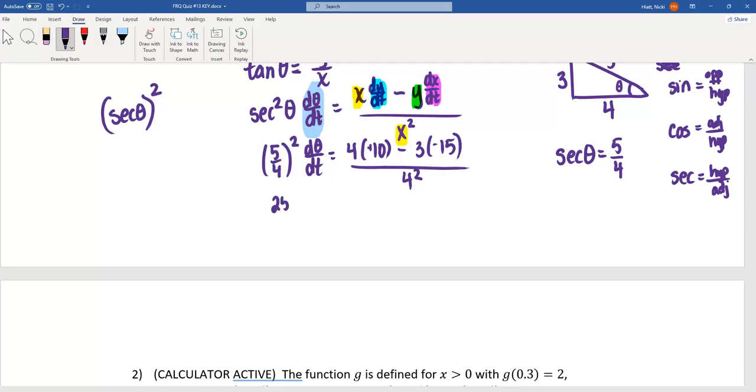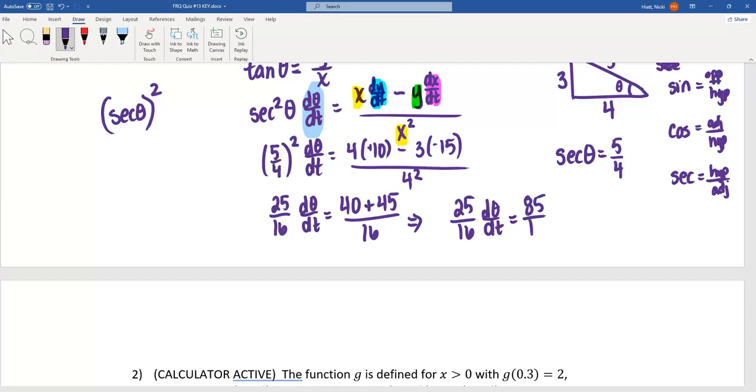So 25/16 dθ/dt is going to equal 40 plus 45/16. So 25/16 dθ/dt is going to equal 85/16.